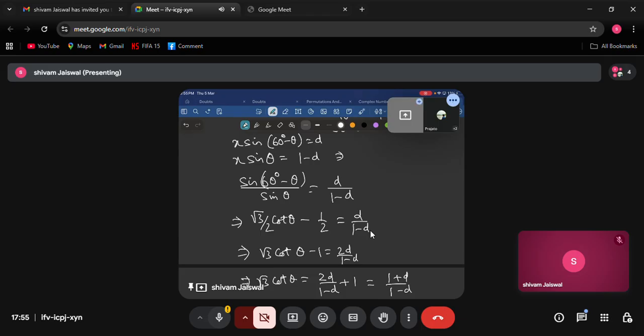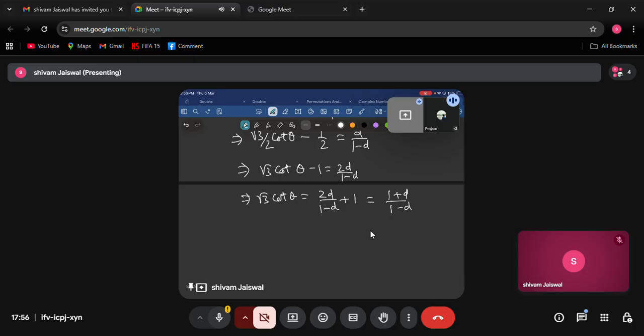From here, sin theta is equal to 1 minus d by x. It might ask us to find out the value of x, but it will become complicated. So root 3 cot theta I have got, so cot theta is equal to 1 plus d upon 1 minus d into root 3.